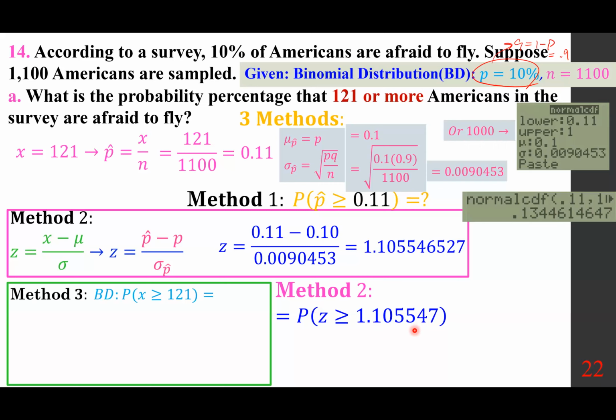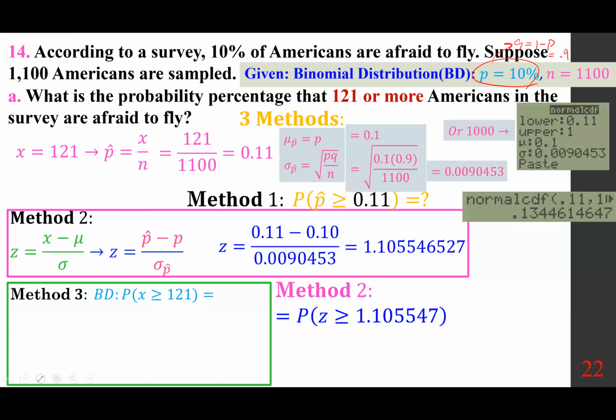Method 3, using the binomial distribution, the probability of x larger than or equal to 121. This is what we have seen, and the concept of a 0.5 continuity correction factor. Remember what we do: we either add or subtract 0.5. If I add 0.5, I get 121.5.